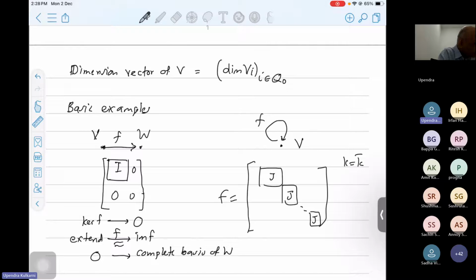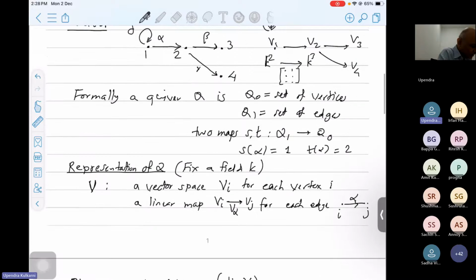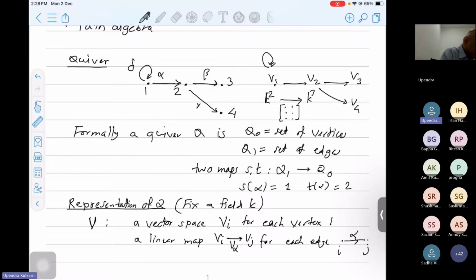We will at some point restrict to those quivers that do not have any directed cycle. So for example, if I remove this edge delta, then the resulting graph will have no directed cycle. Likewise, if I introduce an edge like this, then the graph now begins to have a directed cycle from 1 to 2 to 4 back to 1.